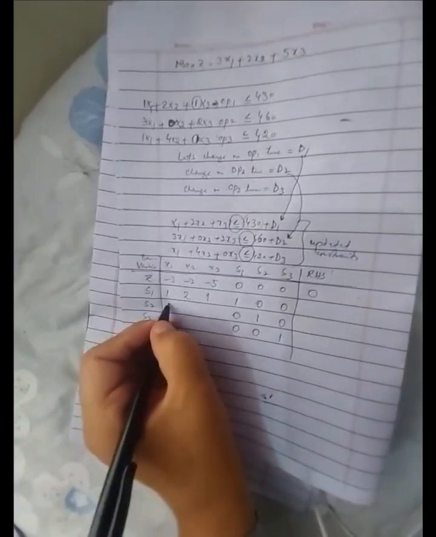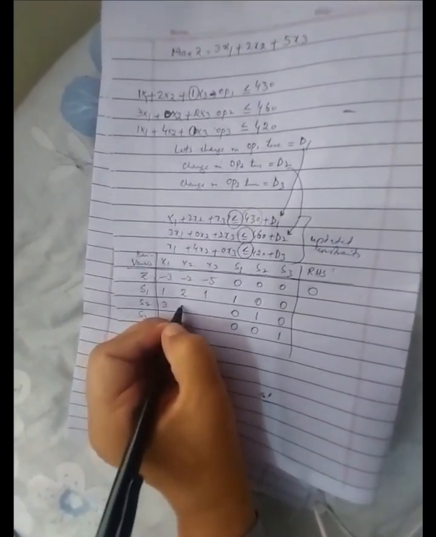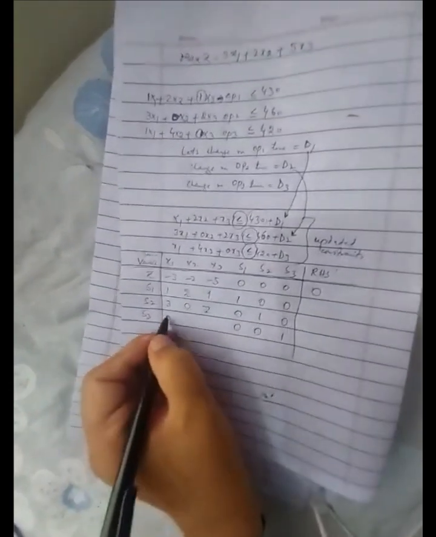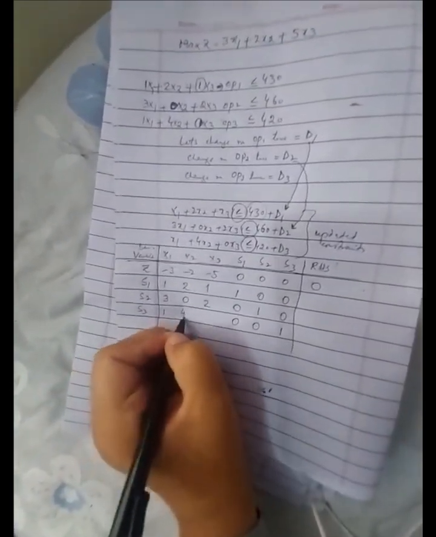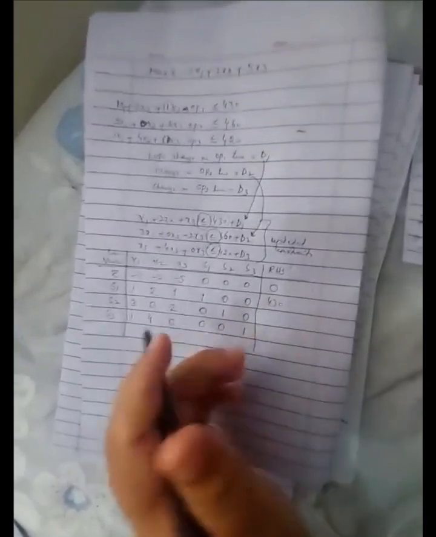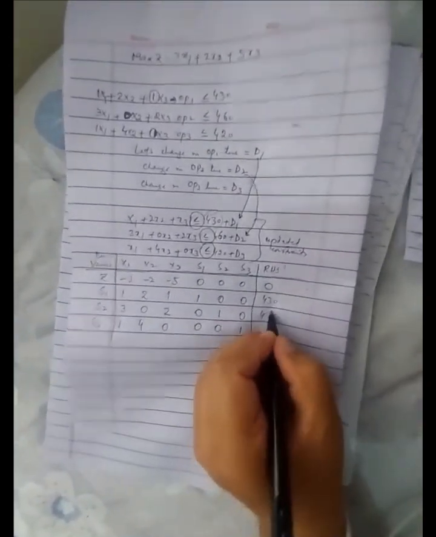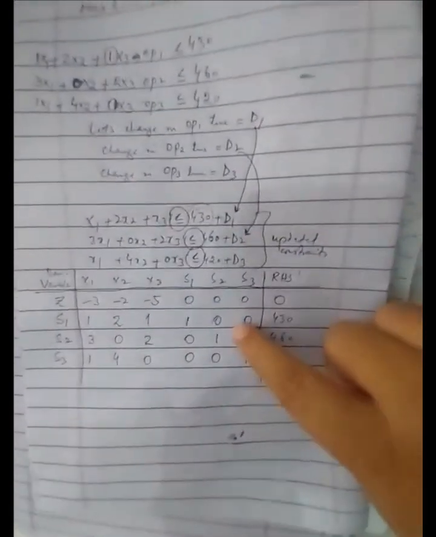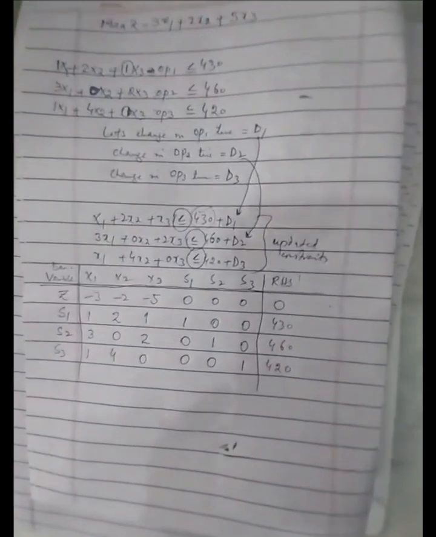And here for the second we will have 3, 0x2 plus 2x3, and here we will have 1, 4, and 0. And the right hand side will be 430, 460, and 420. So this is the basic table that we can make.